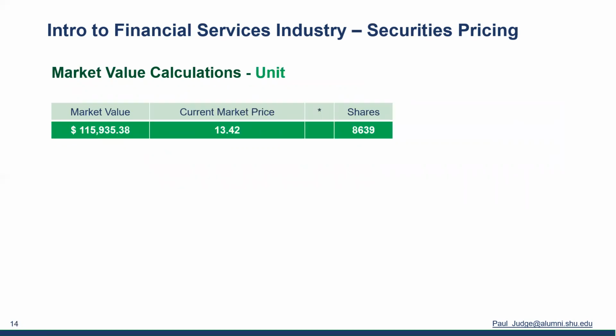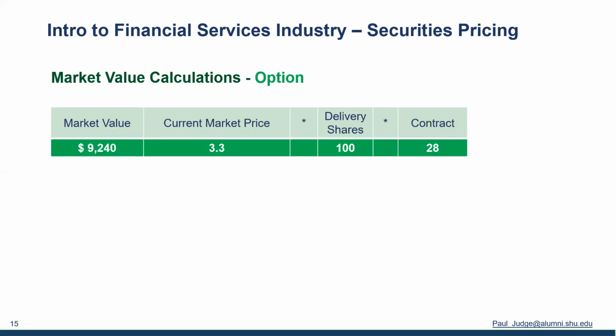If it's units, which we talked about in an earlier presentation as the cash equivalent to shares, units are valued at the units times the current market price, producing the market value. Here's an example where someone has 8,639 units and a current market price.